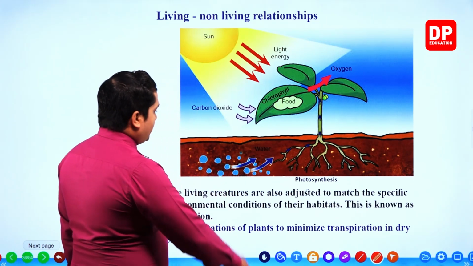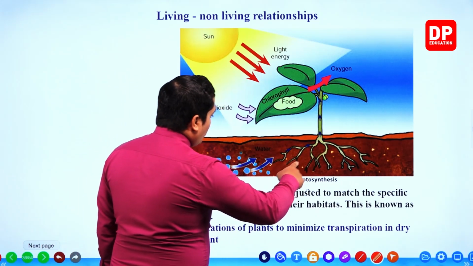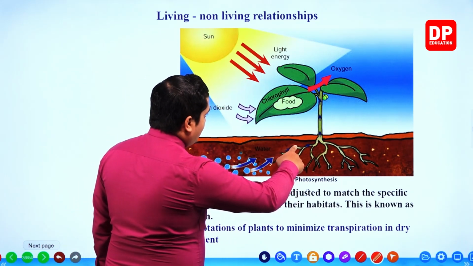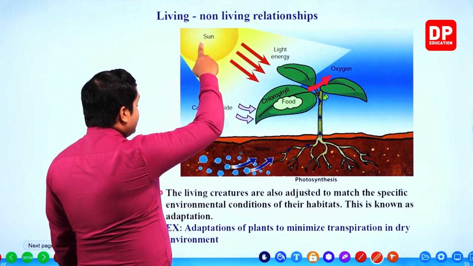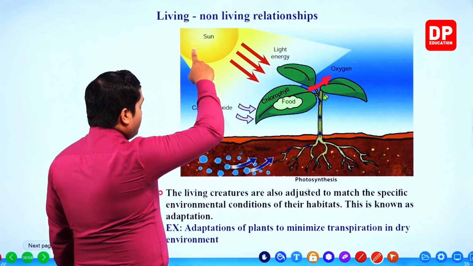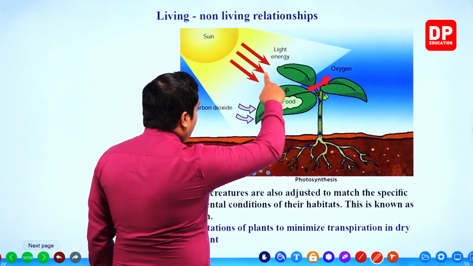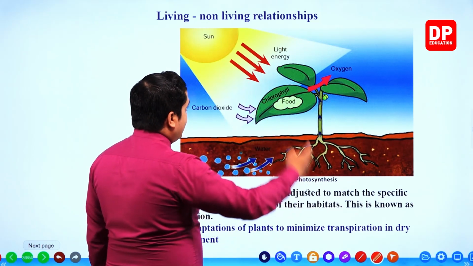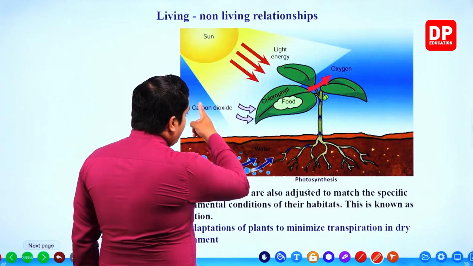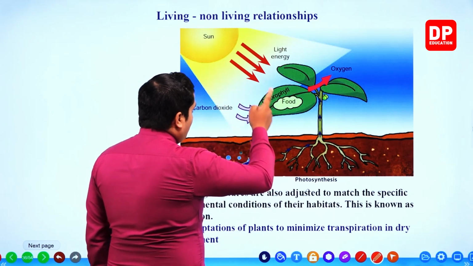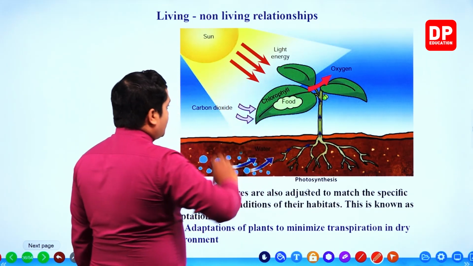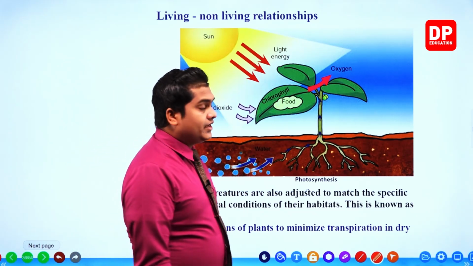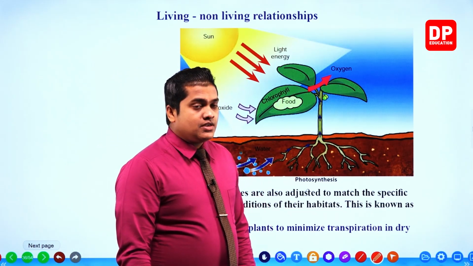See, water is getting absorbed by the roots of the plant. And the sunlight coming from above, the light energy, is getting absorbed by the chlorophyll present in the leaves. And the carbon dioxide is getting absorbed into the plant leaf through the stomata, the stomatal pores.